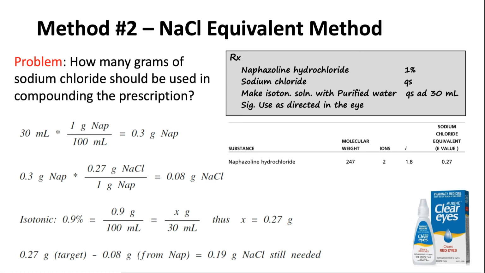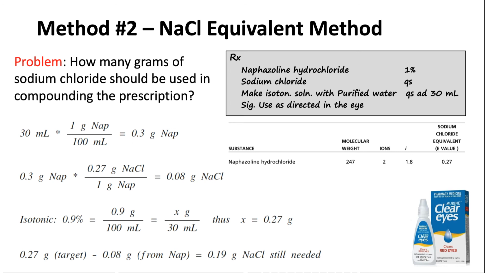We multiply that, units of milliliters cancel, and so 30 divided by 100 equals 0.3, and that would be grams of naphthazoline. That's the weight we need. Let's figure out how much sodium chloride that weight of naphthazoline is equivalent to. So let's take the 0.3 grams of naphthazoline, multiply it by the E value expressed as 0.27 grams of sodium chloride over each 1 gram of naphthazoline.